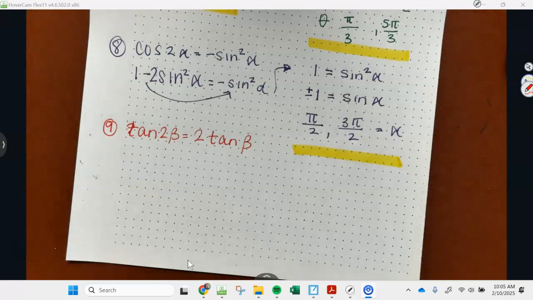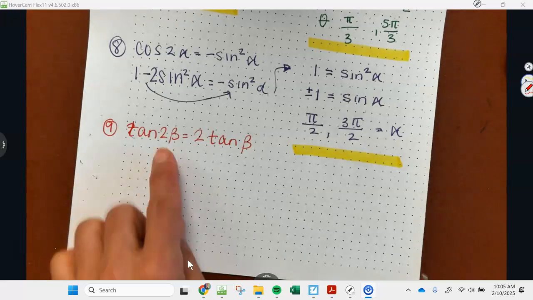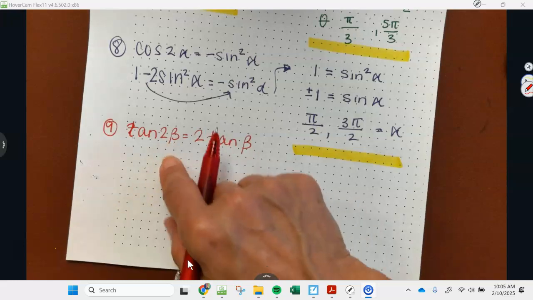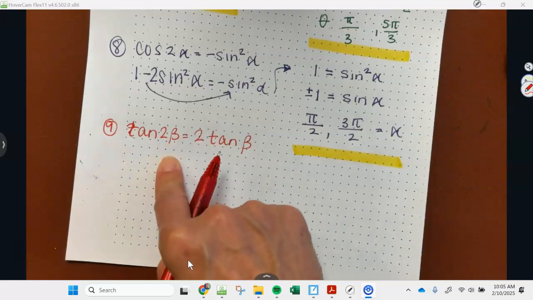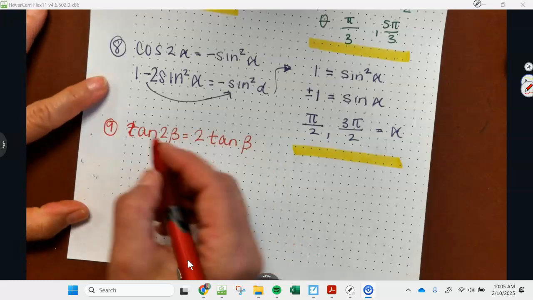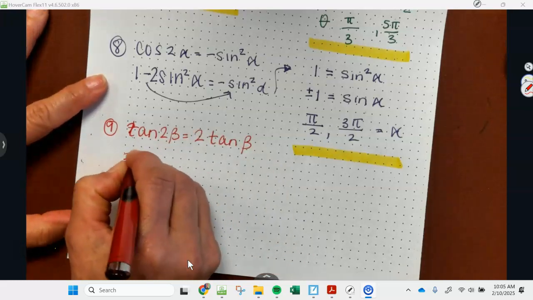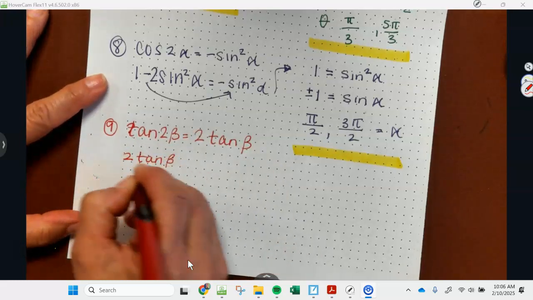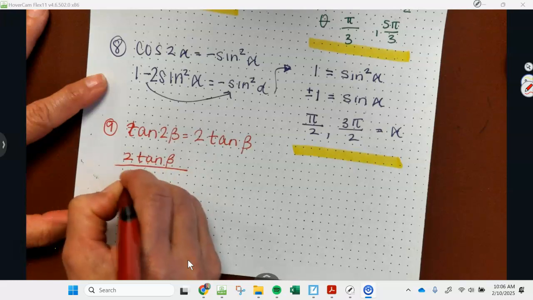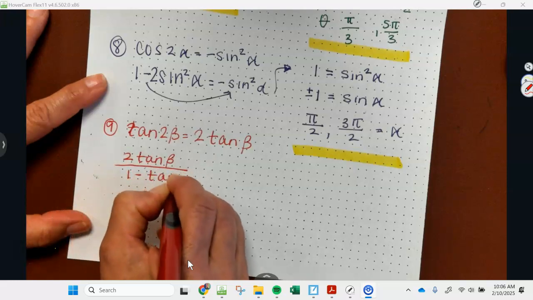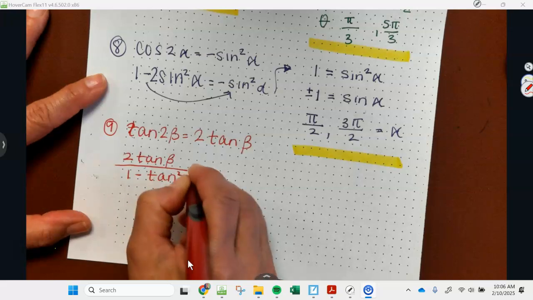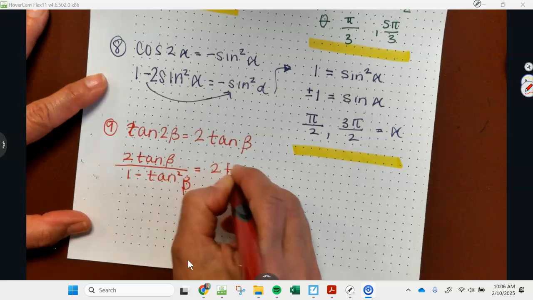Alright guys, so again, for this, here's where the double angle is. I am forced to rewrite this fraction right here, over here on the left side. So it's going to be 2 tan beta divided by 1 minus tan squared beta, and that equals 2 tan beta.